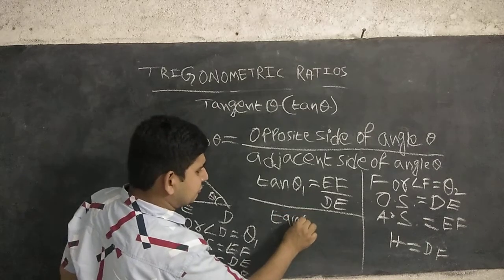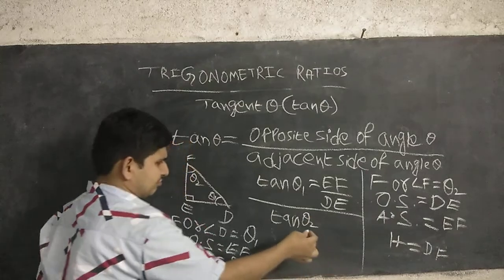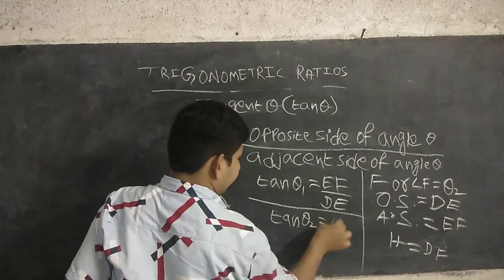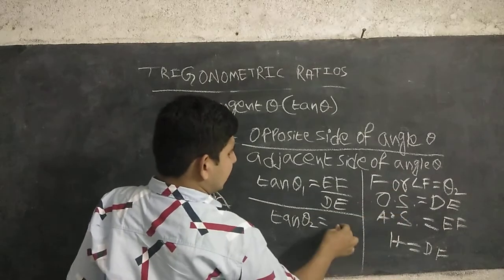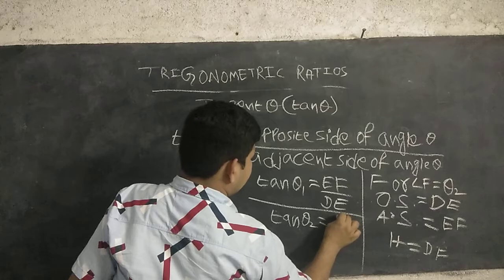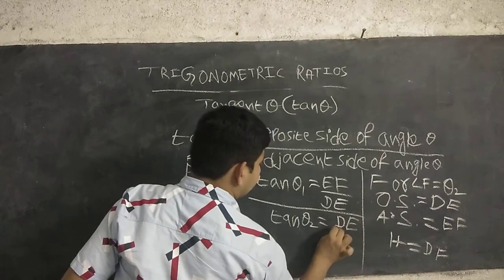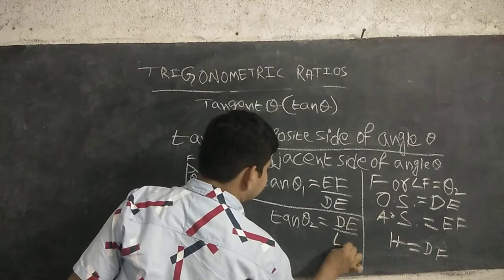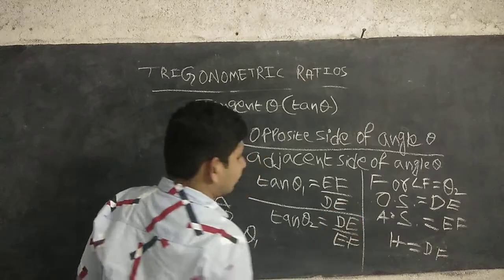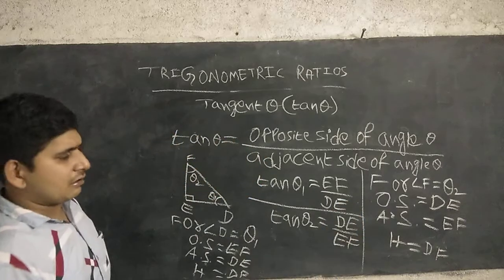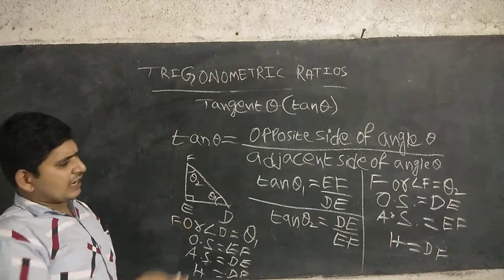Tan theta equals the opposite side of angle theta by the adjacent side of angle theta.